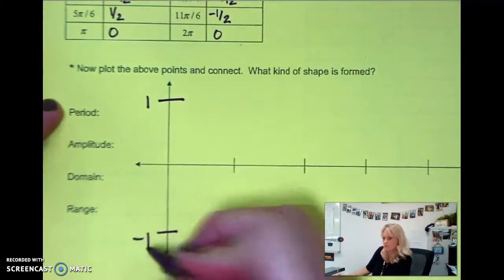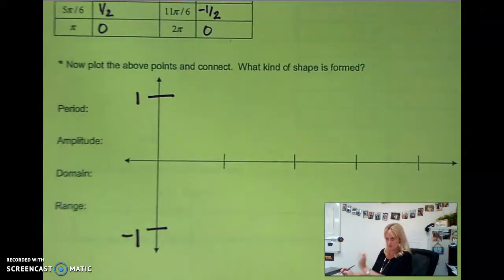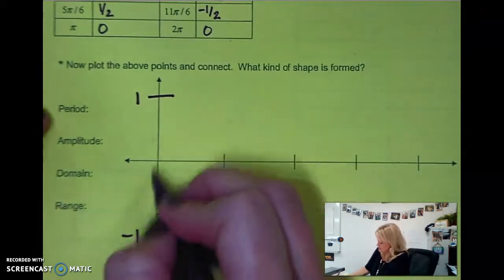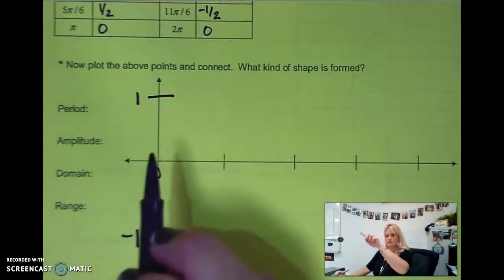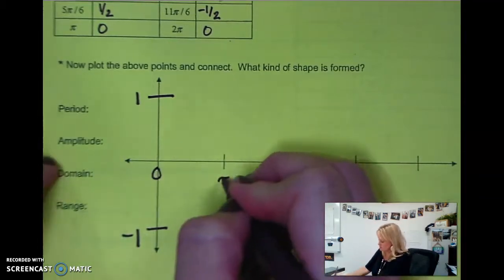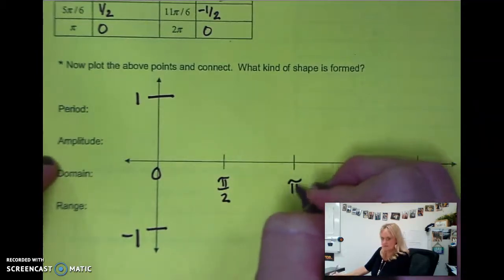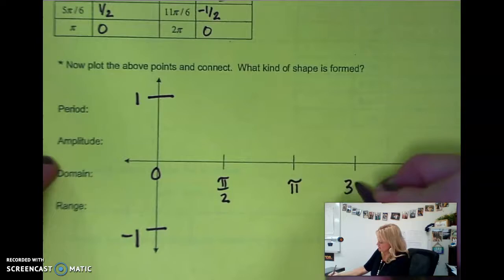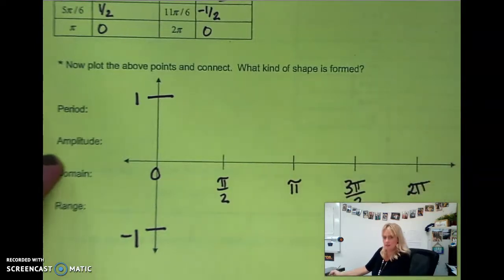And if you recall, we already kind of sketched this, but now we're going to really do it to the point. This is 0. If you think about the unit circle, the next corner of the unit circle is at 90 degrees, or pi over 2. Then we go to pi, 3 pi over 2, and we are back to 2 pi again.